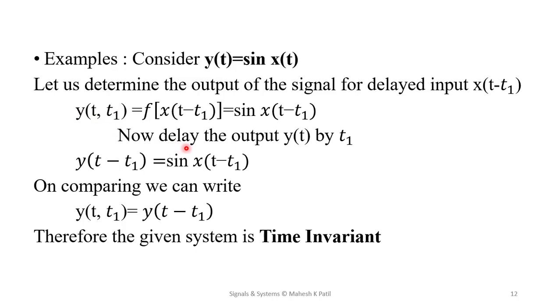Now we will delay the output y of t by t1, so y of t minus t1 will be sin of x of t minus t1. So on comparing these two equations we can write y of t comma t1 is equal to y of t minus t1. Therefore this given example, y of t equal to sin x of t, is a time invariant system.